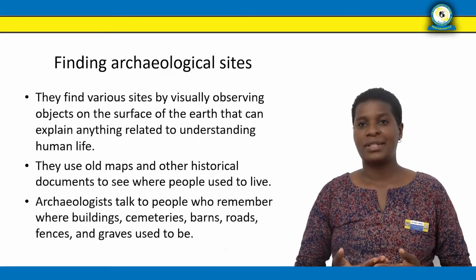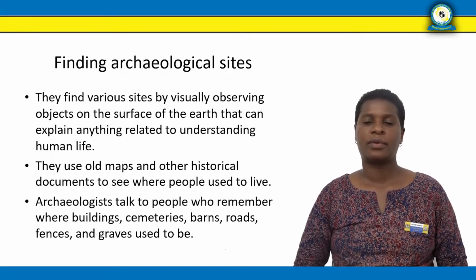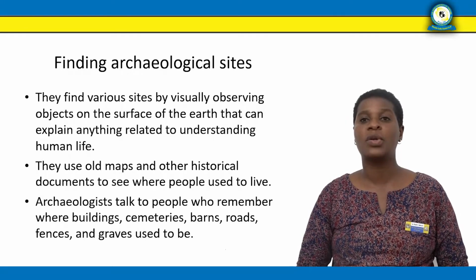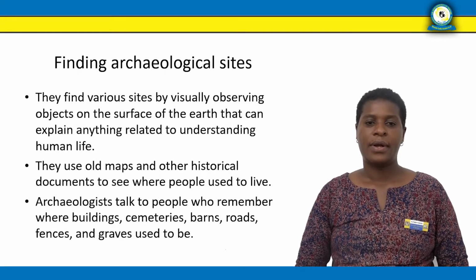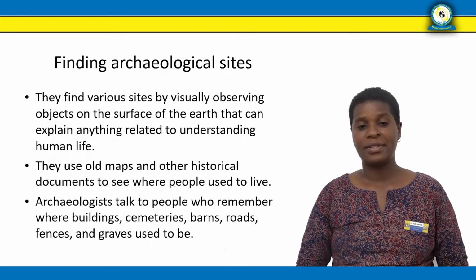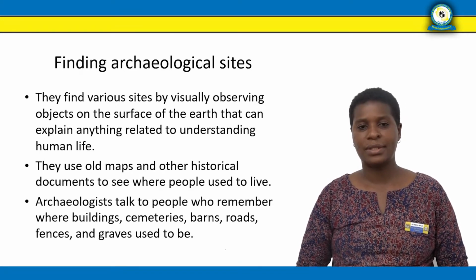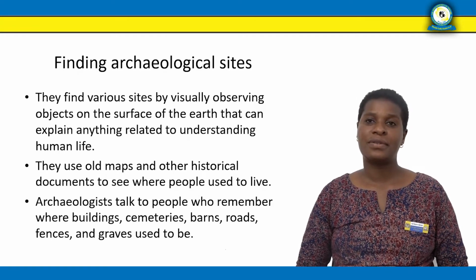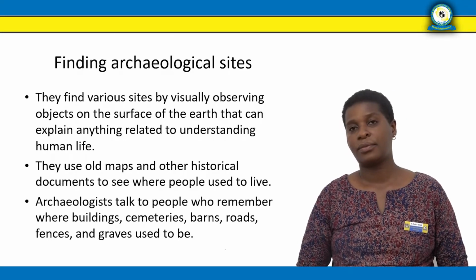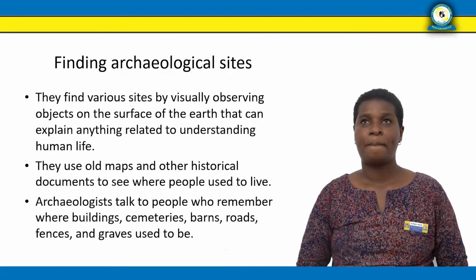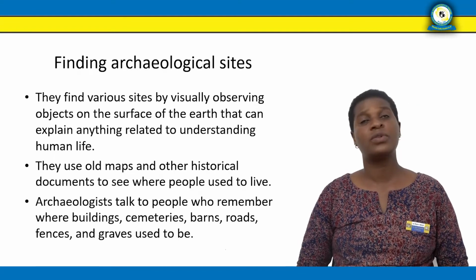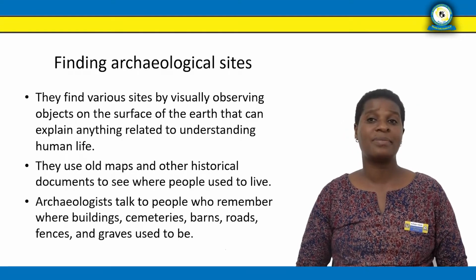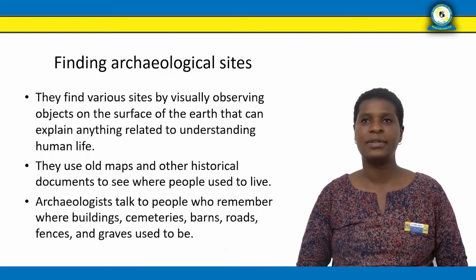How were these sites discovered? What happened for them to be known to date? There are various ways of finding these archaeological sites. The first one is through visual observation. There are materials of archaeological significance which can just be seen by our naked eyes easily.